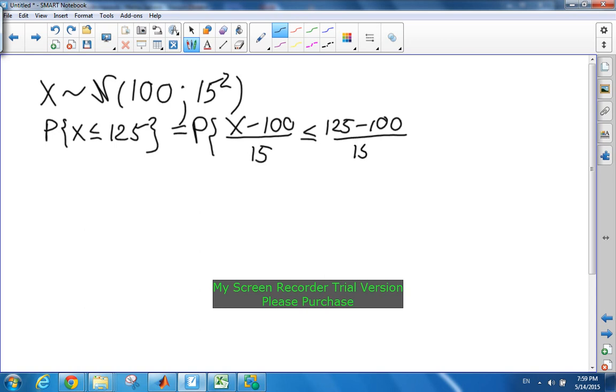So I get the same probability. But now this quantity is z.